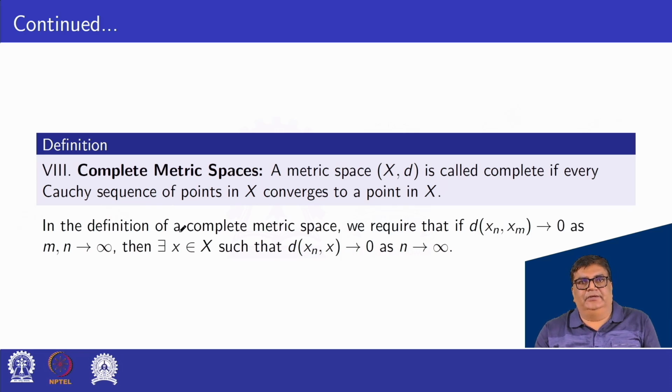Complete metric space. A metric space (X, d) is called complete if every Cauchy sequence of points in X converges to a point in X. In the definition of complete metric space, we require that if d(x_n, x_m) tends to 0 as m, n tend to infinity, then there exists x belonging to X such that d(x_n, x) tends to 0 as n tends to infinity.